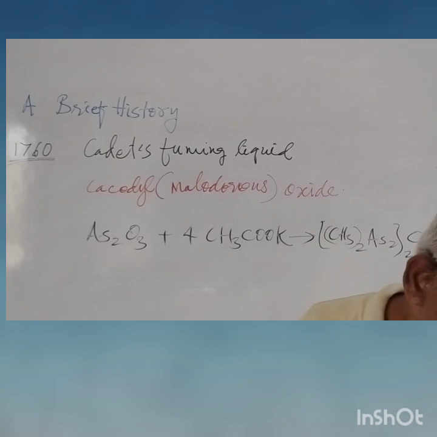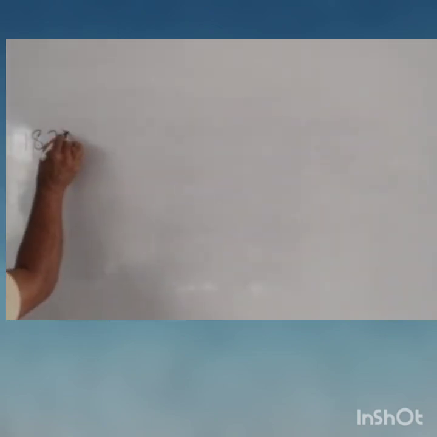Then the next event took place in 1827, when Zeise prepared the organometallic compound which was known as Zeise's salt.